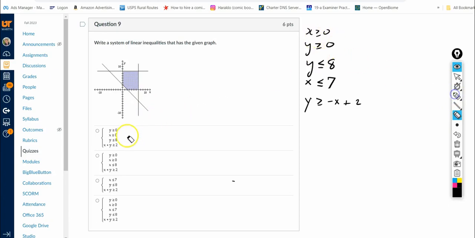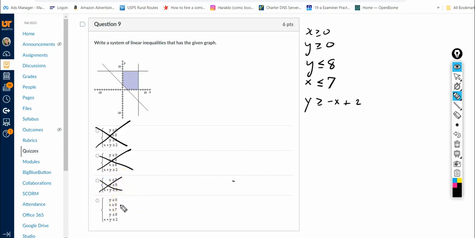Okay, so I want these ones. The first one does not have the x is less than or equal to 7 in it. So it's not going to be the first one. And the second one, okay, again, doesn't have that. This one does not have x is greater than or equal to 0, y is greater than or equal to 0.